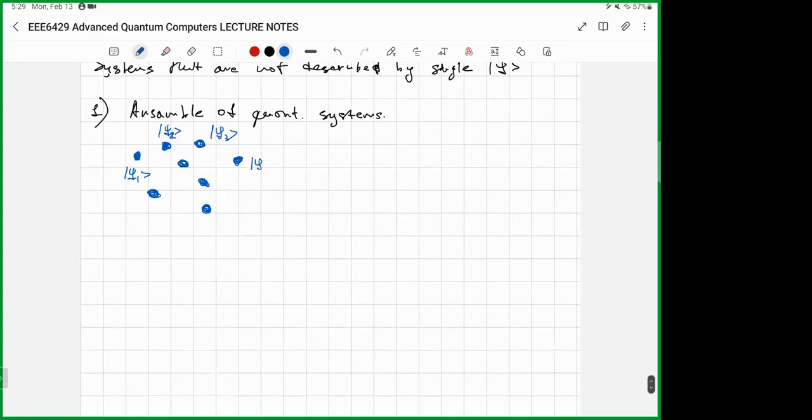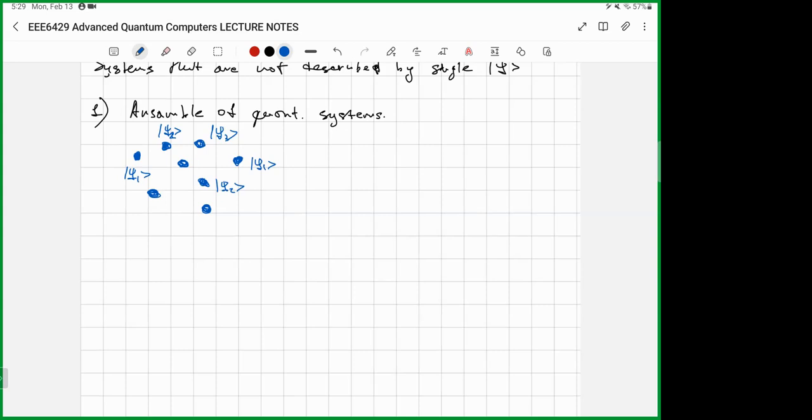Another one could be again in psi 1, this one psi 2, etc. But the problem is that the number of these quantum systems in the ensemble is so large that we cannot keep track of all these subsystems.